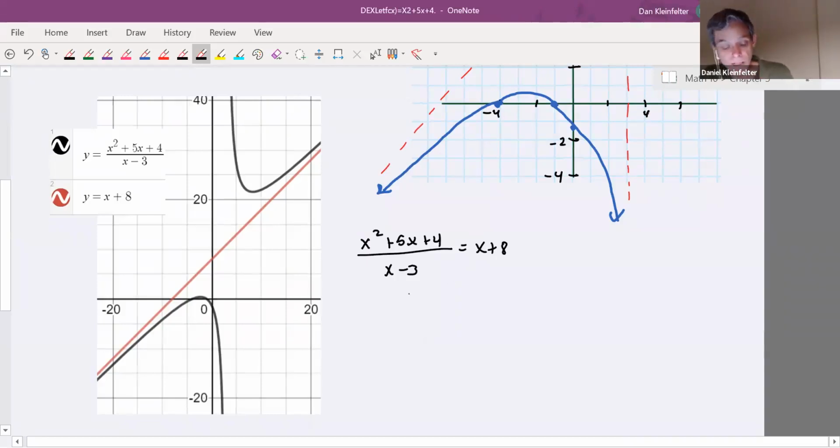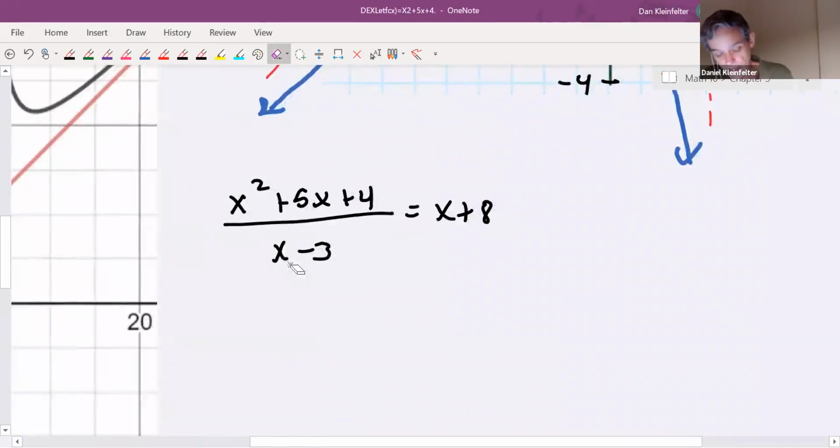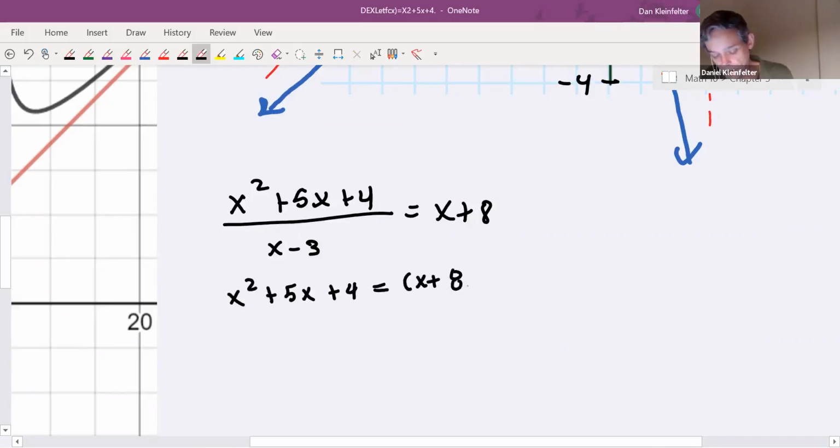So then we want to solve this little rational equation. And so we'll multiply both sides by the x minus 3, and that will serve to clear the denominators out. So we'll have (x plus 8)(x minus 3) on the right side, and then we're going to have to multiply that out.